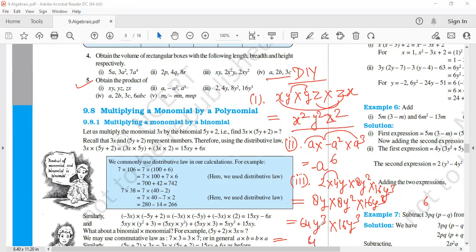So now look, 16 fours are 64, 6 carry, 16 sixes are 96, and 6 gives you 102. Okay, so 1024 into y raised to power 3 plus 3, this will give you y to the power 6.